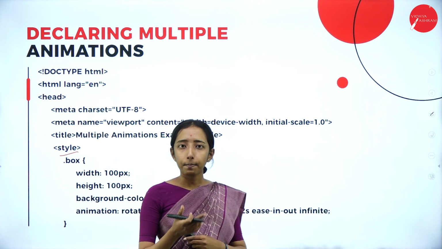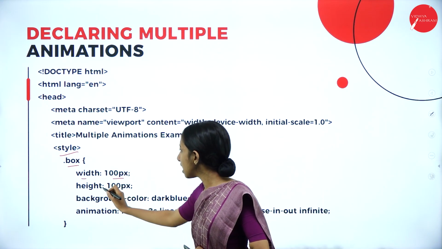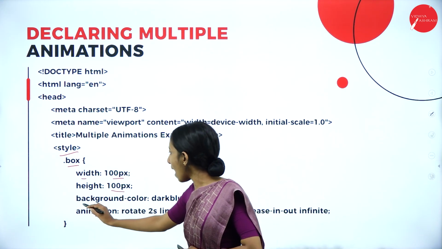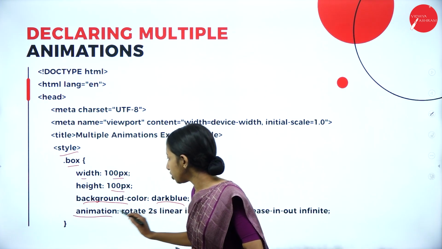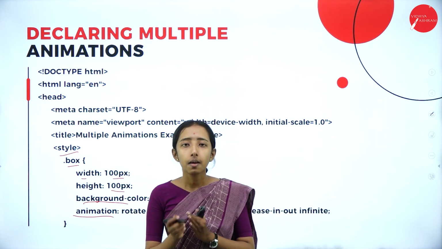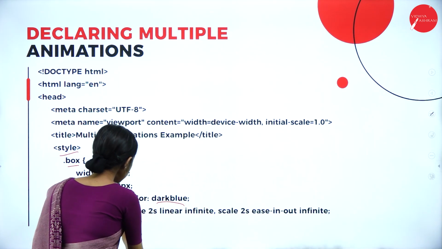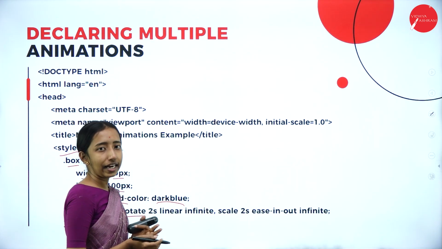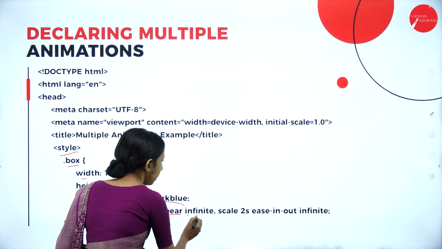Here I am applying the style for the box: width 100px, height 100px, background color dark blue. Now for the animation property we will be applying multiple animations. You can see rotate is the animation name I have given, 2 seconds, linear, infinity.